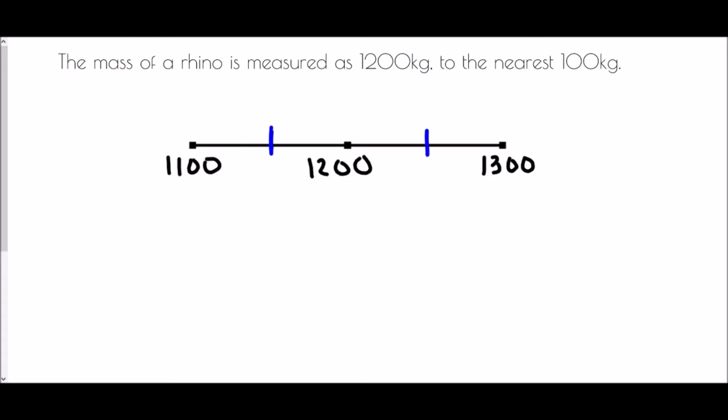So what is halfway between 1100 and 1200? Well, it's 1150. And halfway between 1200 and 1300 is 1250. So what we're saying is if we choose any value between 1150 and 1250, it would round to an answer of 1200.